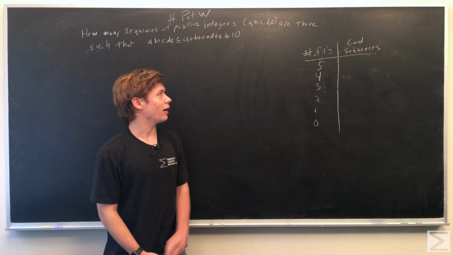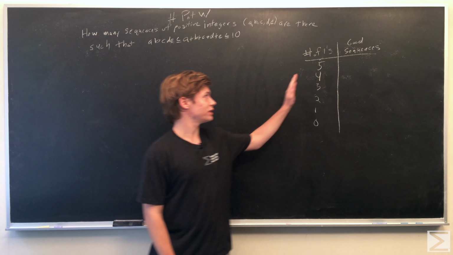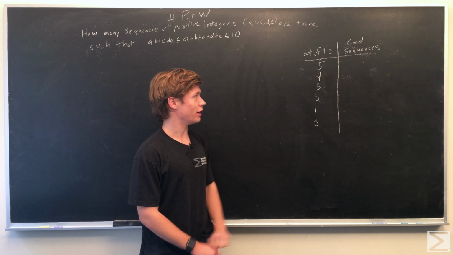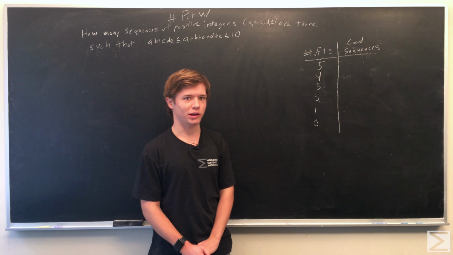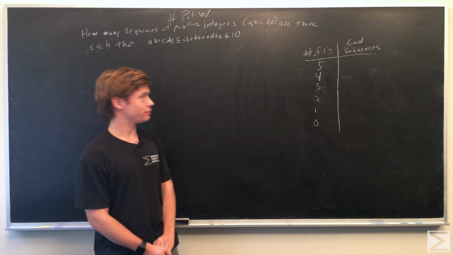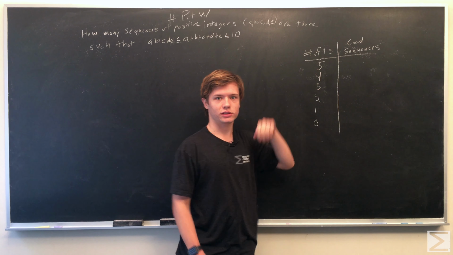As you can see, we just have the number of ones on one side of this column and the number of quote-unquote good sequences on the other side. A good sequence is one that satisfies this criteria. So we look first at a sequence with 5 ones.